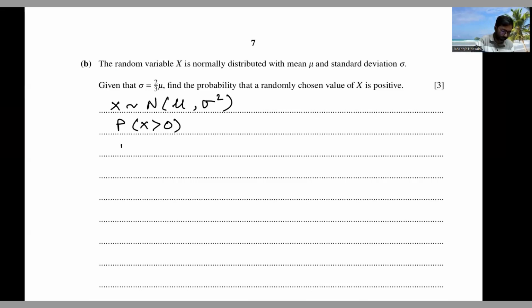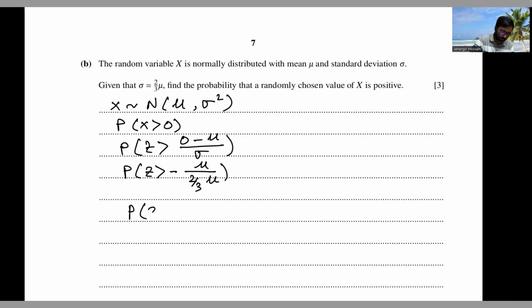So convert this x into z. We have x minus mean over standard deviation. Now, standard deviation is 2/3 mu. Substitute it: minus mu over 2/3 mu. So this is z greater than minus 1.5. Z greater than minus 1.5 is equal to z less than 1.5.